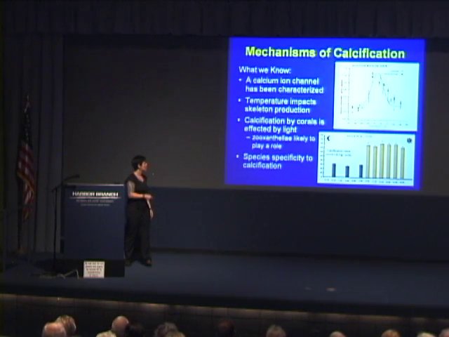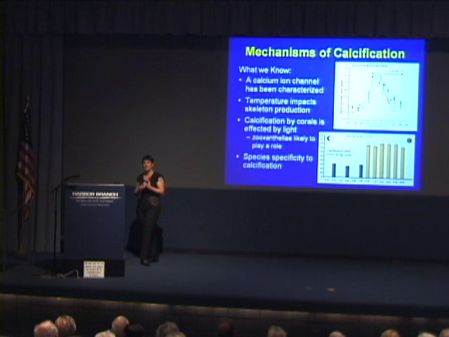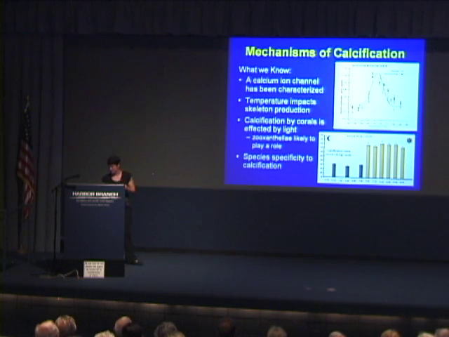And finally, we do know that there's a high specificity by species between the types of skeletons laid down, the ability to lay down skeleton, when they lay down skeleton, how frequently. So there is species specificity there, which means there might be species specificity in relation to recovery.